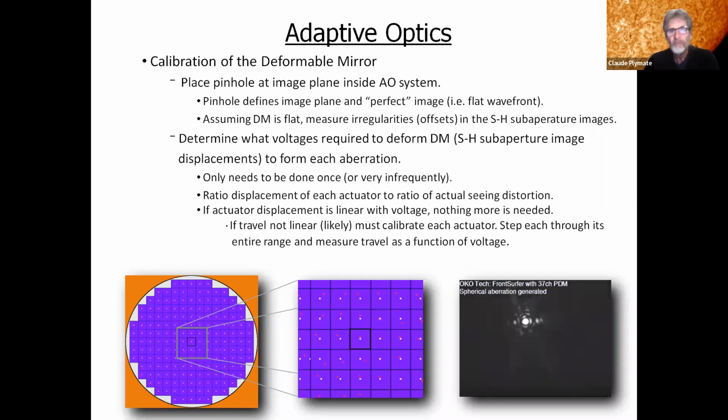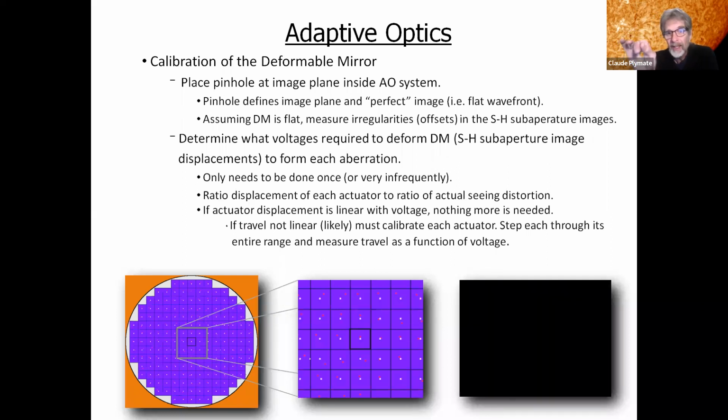So what we do is at an image plane inside the telescope in the AO system somewhere, place a pinhole. That pinhole will define where the actual image plane for the telescope should be by definition. And being that it's a pinhole, it will define a perfect image. In other words, once that's recollimated, a flat wavefront.